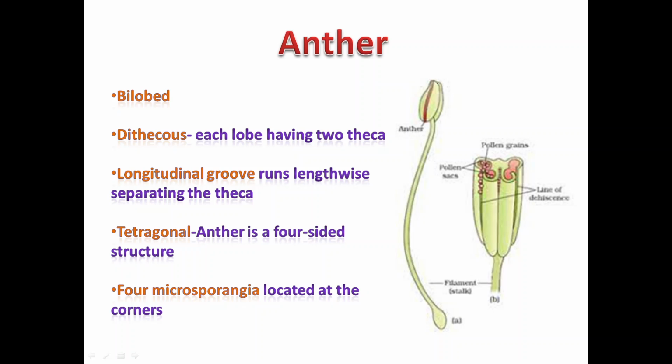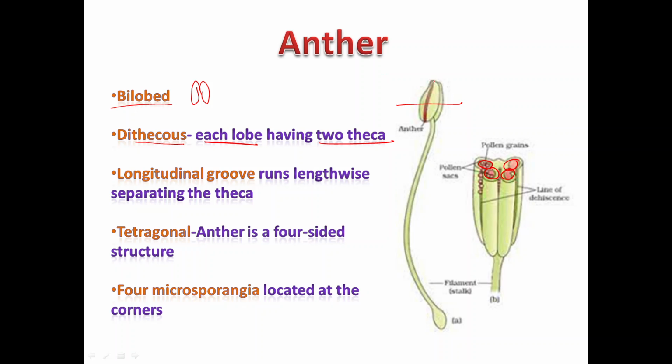Anther, I said, it is bilobed. It has 2 lobes. And even if you cut open the transverse section of the anther, you can see that there are 2 thecas, 2 sacs in each lobe. That's why it's called dithecous. It has 2 theca in each lobe.